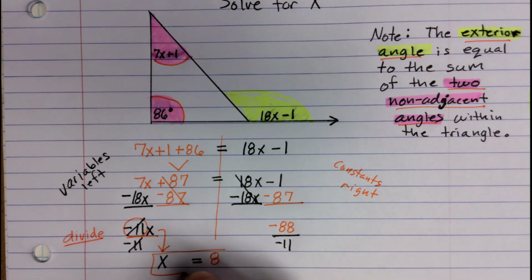And that is my final answer. We have now isolated x, or you could also look at it as we just made sure that x had a coefficient of 1, and we followed our process to divide on both sides, so then our constant value became 8. So x is equal to 8, and that is the answer.